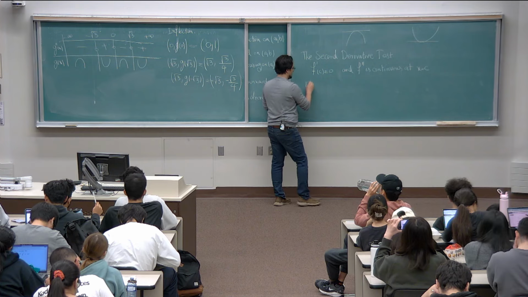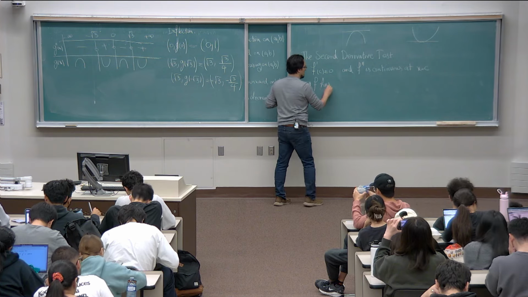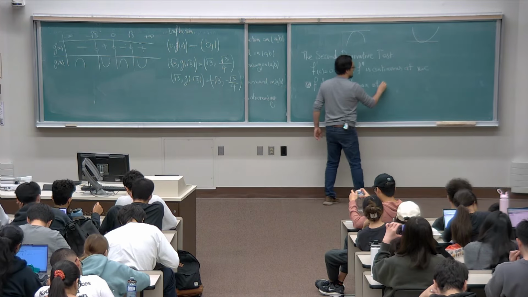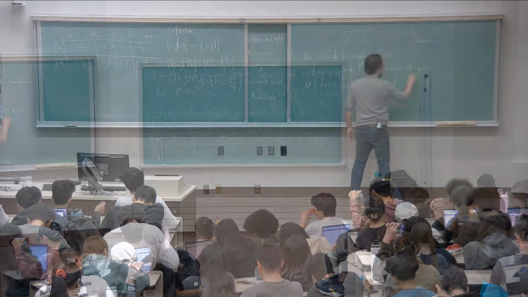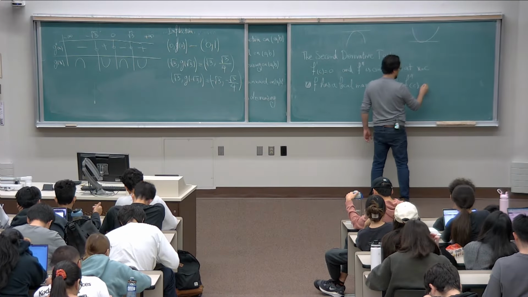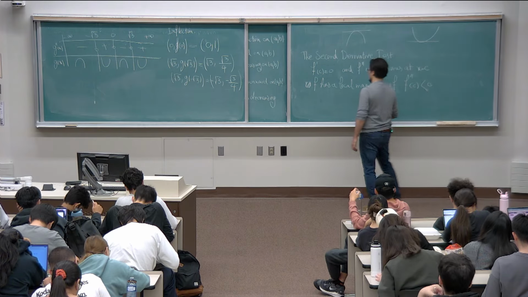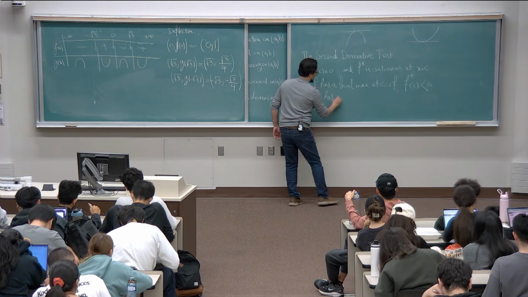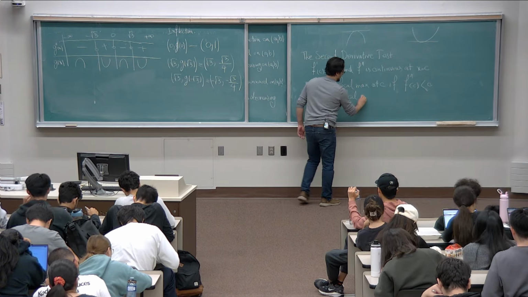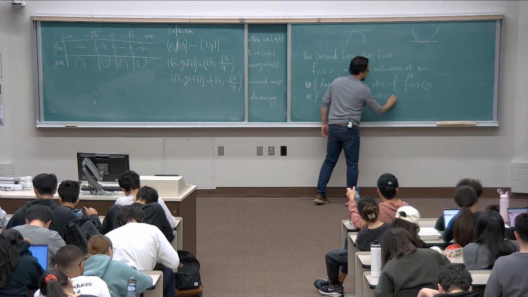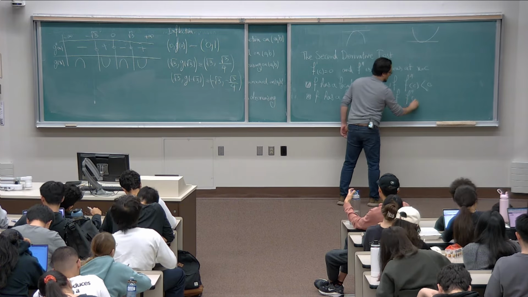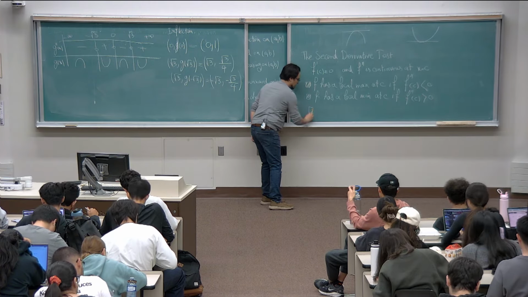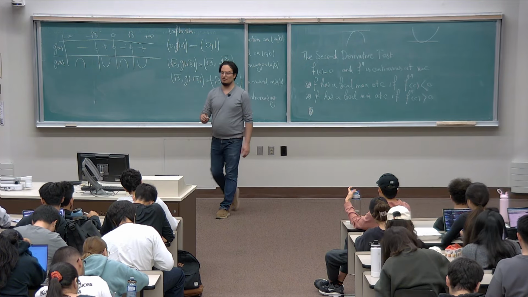f has a local max at c if f double prime at c is negative. f has a local min at c if f double prime at c is positive. There is this last case, which is very important.